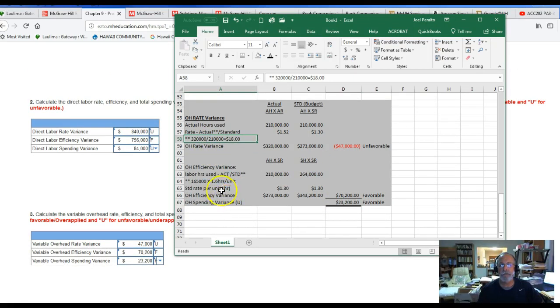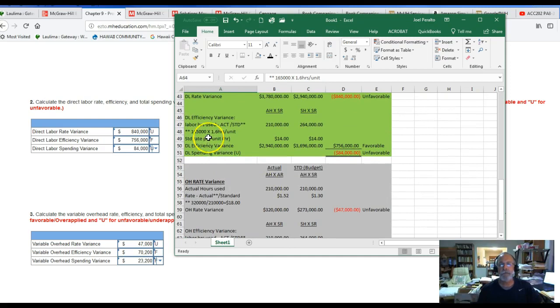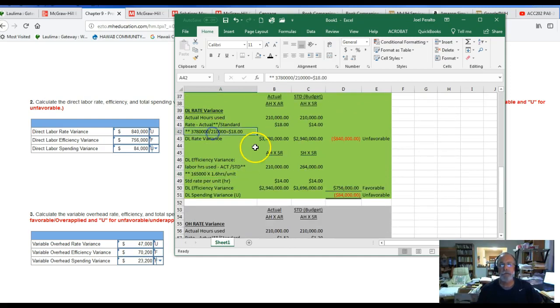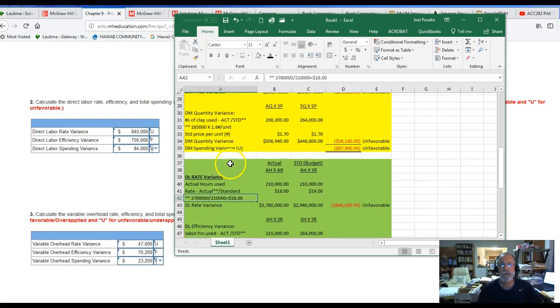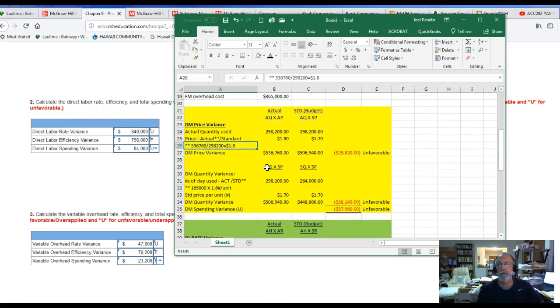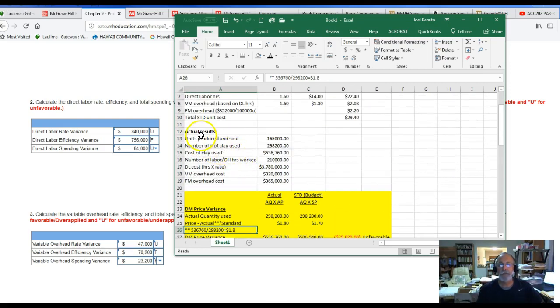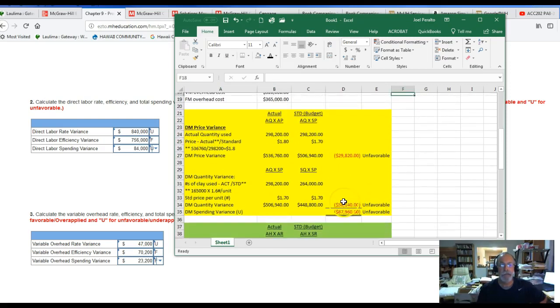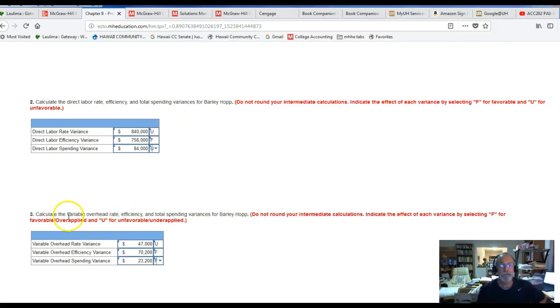The calculations for the labor and overhead are very similar. But you use the actual results to figure out the calculations. The overhead information, by the way, is just for variable overhead, not for fixed. That's what it's asking for: variable overhead, rate, efficiency, and spending variances.